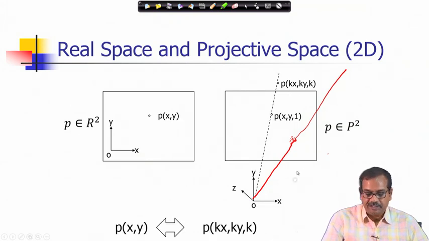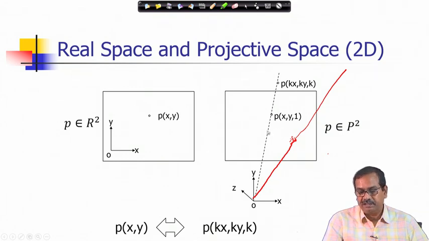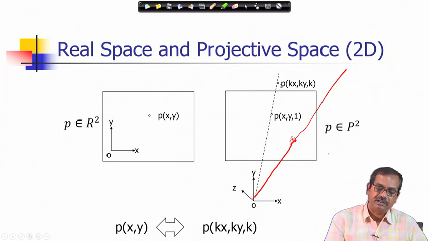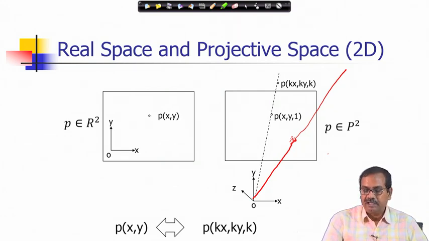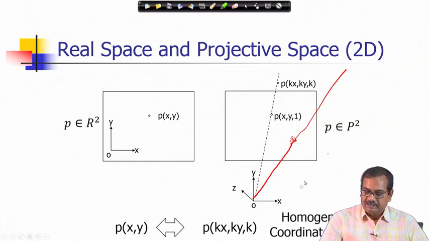So finally, a point x y in a two-dimensional real space is equivalently represented in the two-dimensional projective space as a set of points kx, ky, k, where k varies, which is actually representing this ray. This is the relationship when we consider an image as a two-dimensional real space, and on the other hand, as a two-dimensional projective space under the imaging perspective projection.